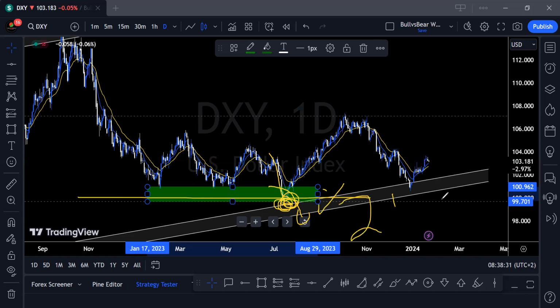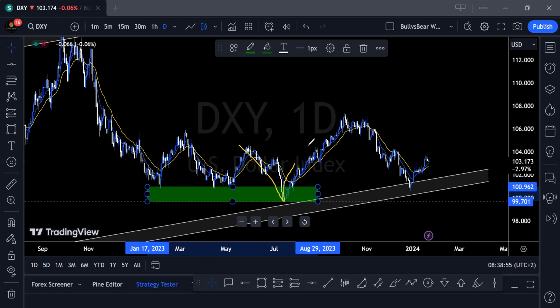Where more than two supports meet at the same time, we call that area the area of confluence, right? We call it the area of confluence. So on this scenario here, as you can check, we had an area of confluence. So from the area of confluence, we had our reversal style that we use at BullvsBear, which is a V that is followed by a correction, right?